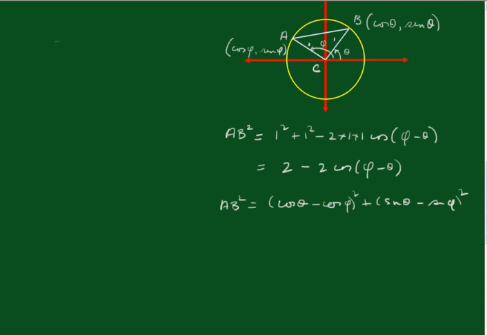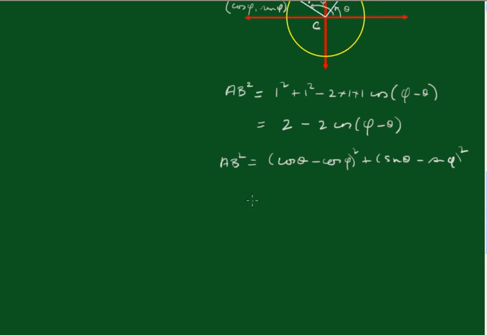Removing those brackets, we get cos squared theta minus 2 cos theta cos phi plus cos squared phi, and underneath, sine squared theta minus 2 sine theta sine phi plus sine squared phi.